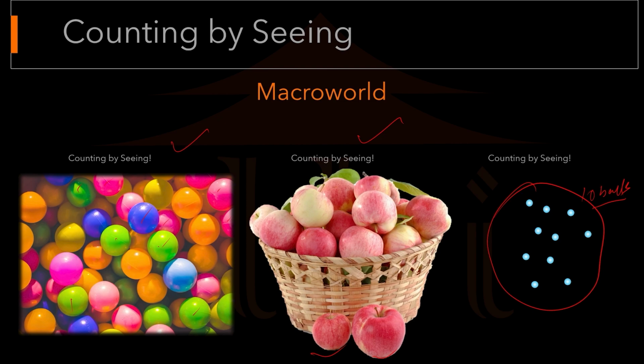They all have the same color, same shape, same size, right? Now this gives us a very powerful application if we want to count something which is identical in nature.